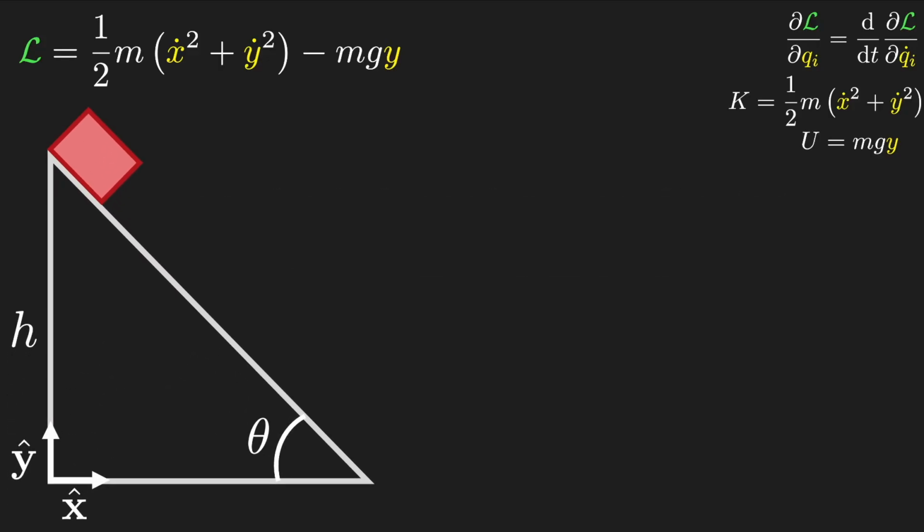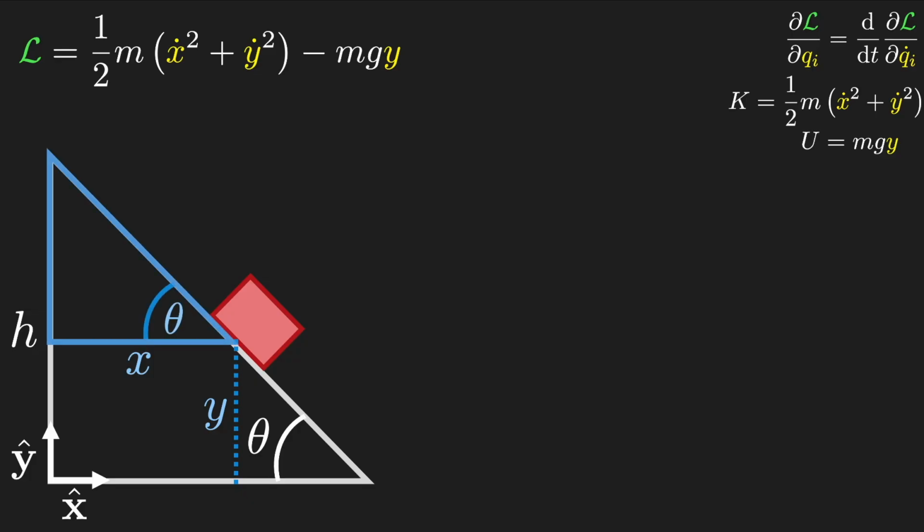Let's move the box to some arbitrary position along its path, for example here, with x and y coordinates. Now, notice that we can actually find a hidden triangle here, which I'll highlight here in blue. This triangle is actually mathematically similar to the bigger triangle, the one that represents the slope. This means that, if we pull this out here, we can ask, what is the height of this triangle?